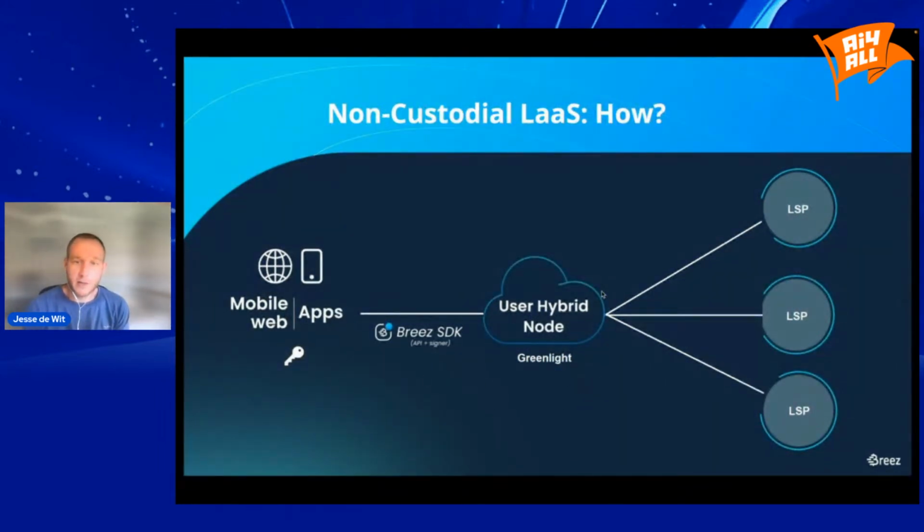The user gets a personal Lightning node in the cloud on Greenlight. In the next slide, I will explain what Greenlight is exactly. And multiple apps are connected to the end user's node through the Breez SDK. But the user's device contains the keys. So your Lightning node is in the cloud, but you have the keys locally.